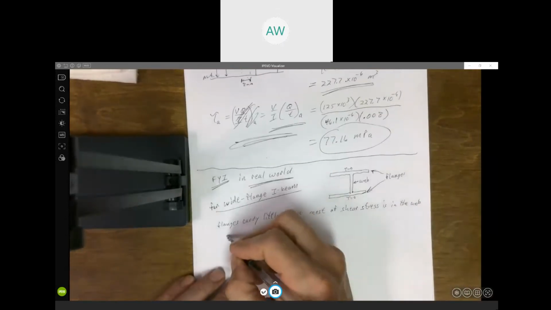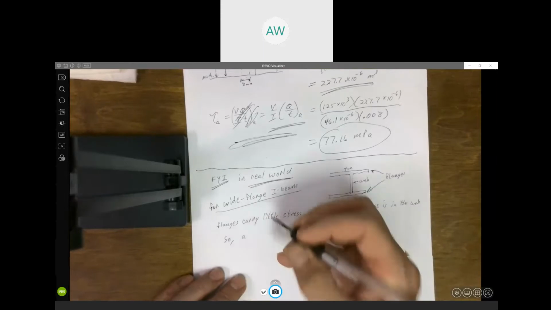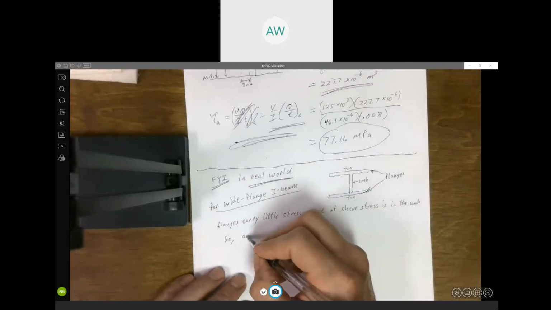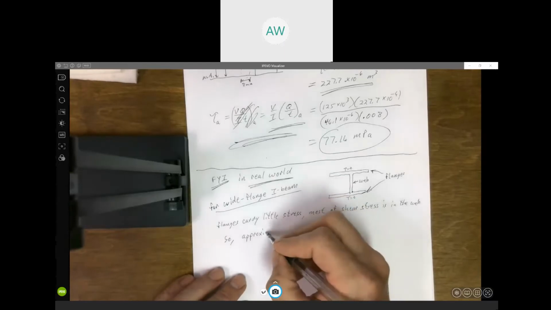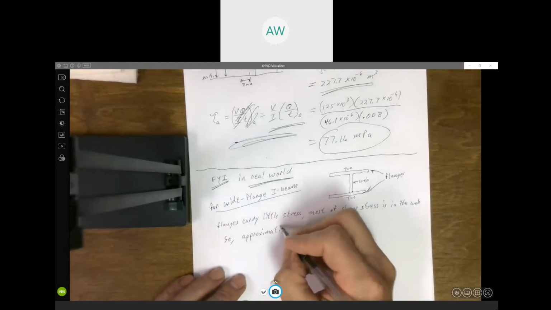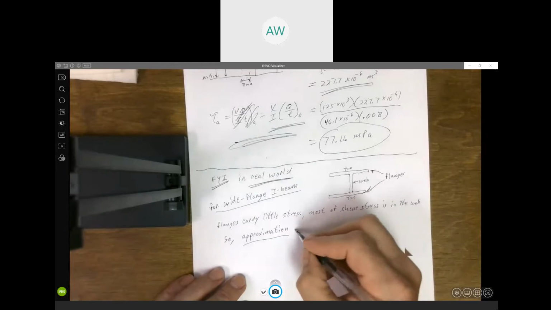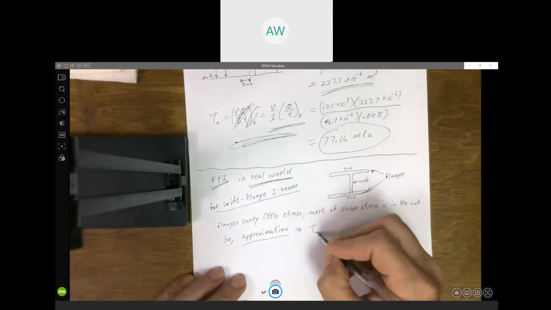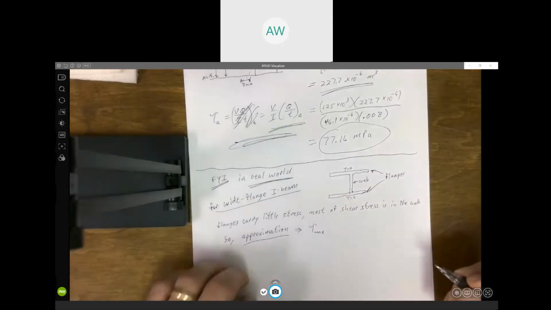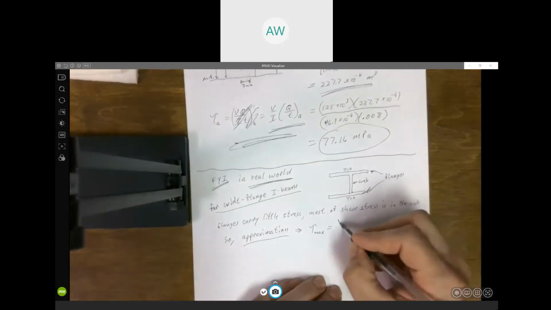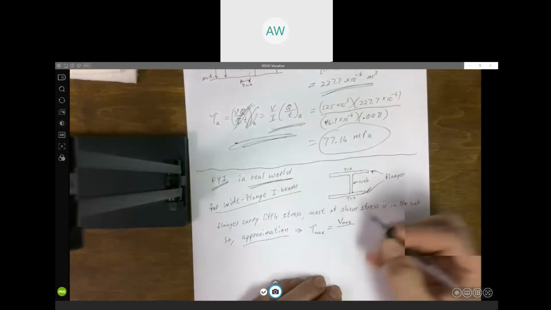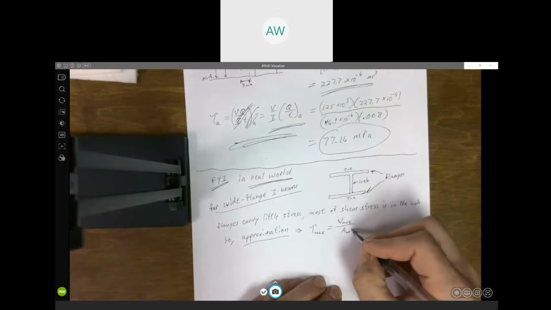So there's a very widely, commonly used in the real world approximation, if I can spell that. If you want to check the maximum shear stress in an I-beam, you just take whatever the maximum shear force is and divide by the area of the web.